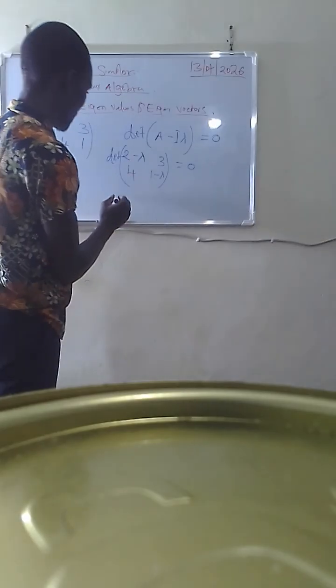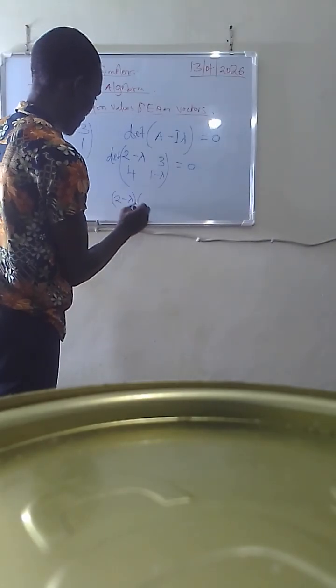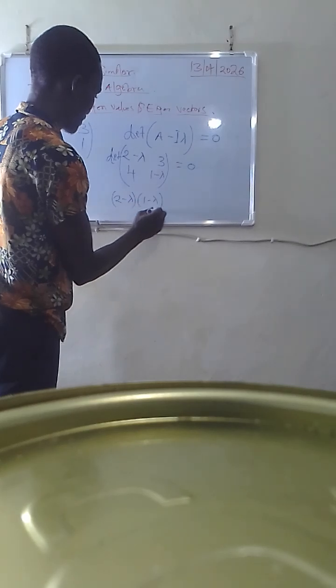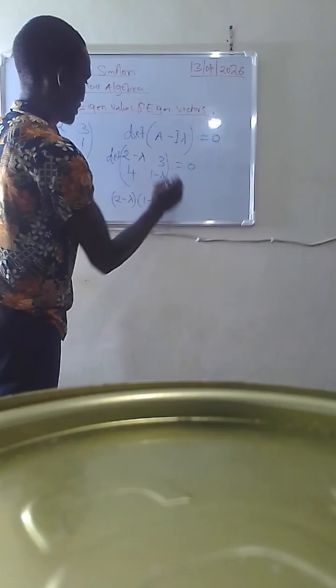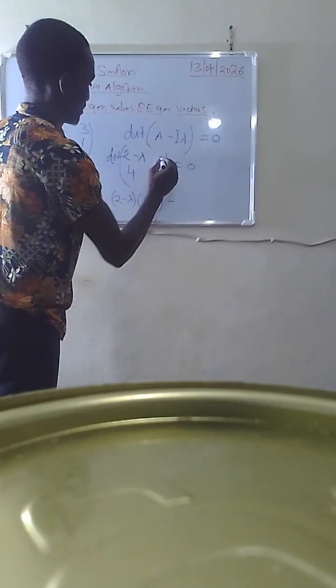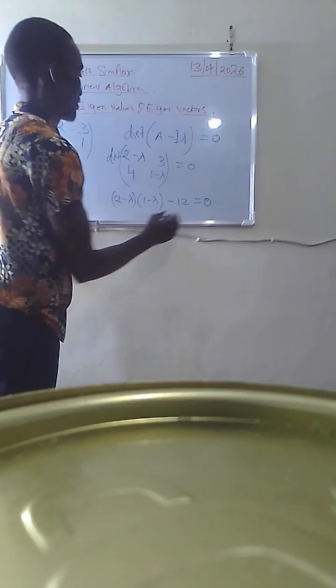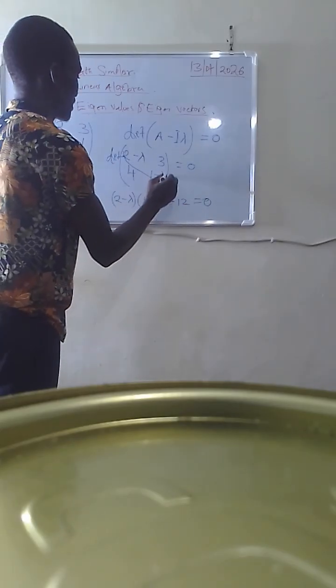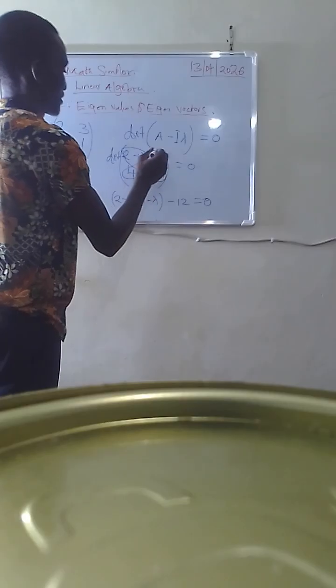This gives us 2 minus lambda times 1 minus lambda, minus 4 times 3, which is 12, equals 0. It's just the product of this minus the product of this.